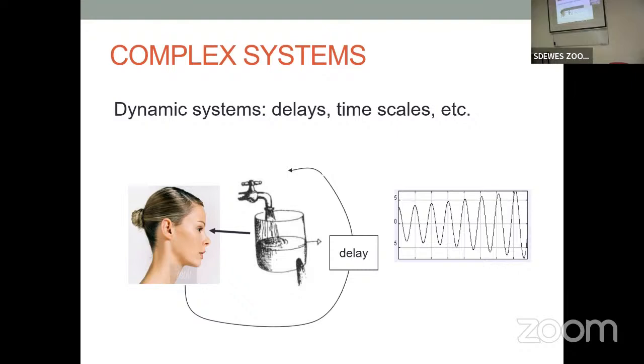let's explain one of the consequences. Often the consequences are oscillations. The oscillations mean that the output of the system goes up and down. I don't know if you have already used this kind of shower with two taps, one tap for hot water and one tap for cold water.